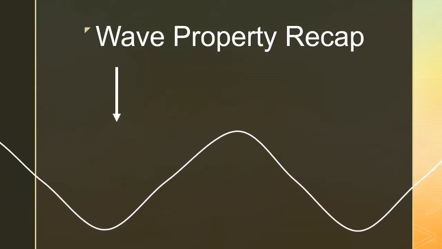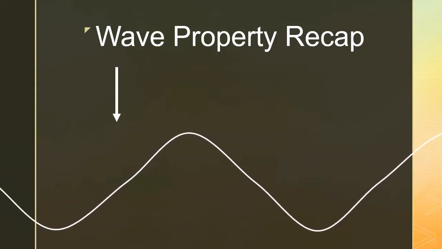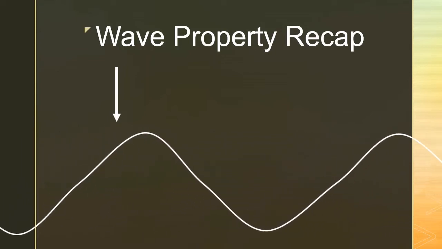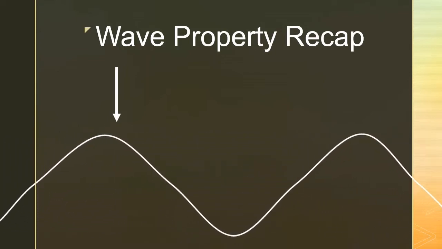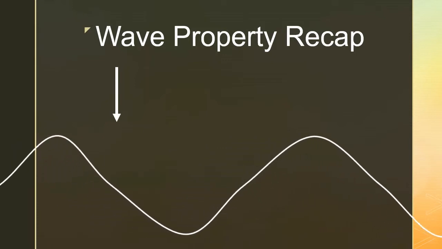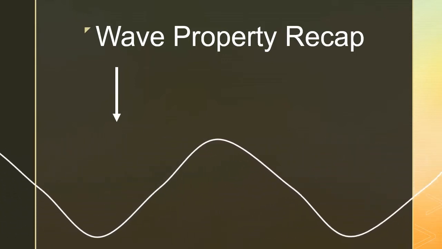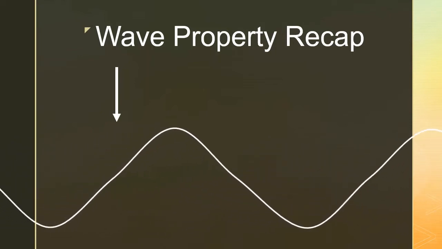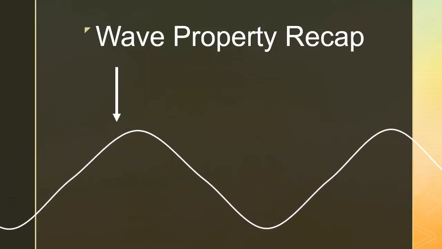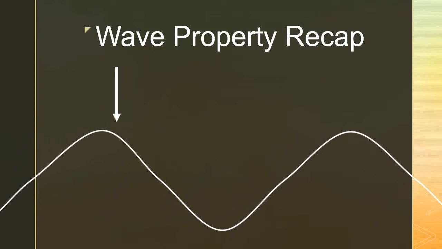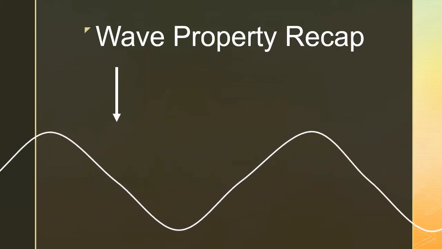So that given point for me is going to be this arrow. Now, I've got my phone set up with a 10-second timer. And so I'm going to start that when one of these crests passes my arrow, and I'm then going to count how many crests pass that point in 10 seconds. We can then divide that by 10 to find out how many passed in 1 second. So let's go ahead and do that.